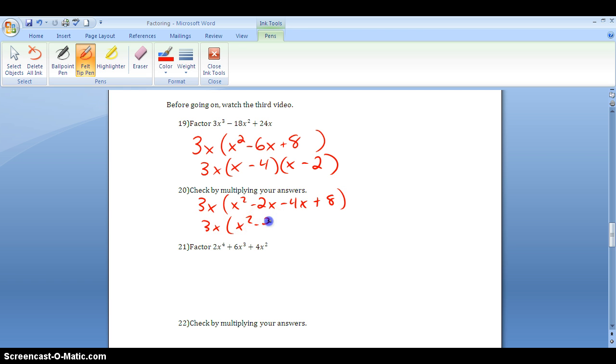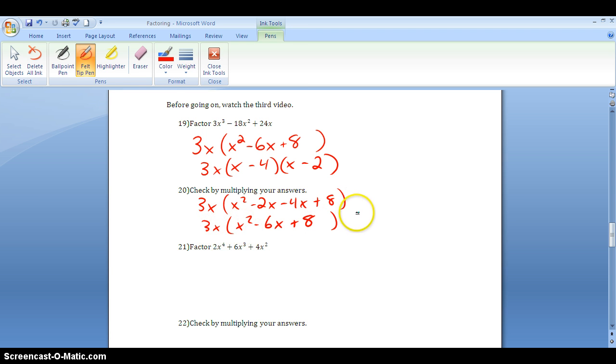Oops, I did that wrong. It should be, sorry, just x squared minus 6x plus 8.